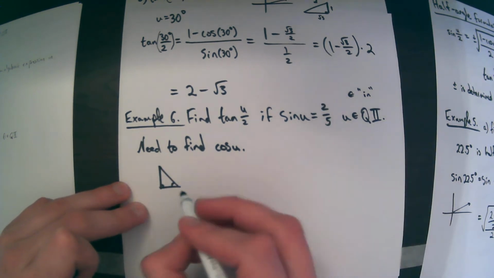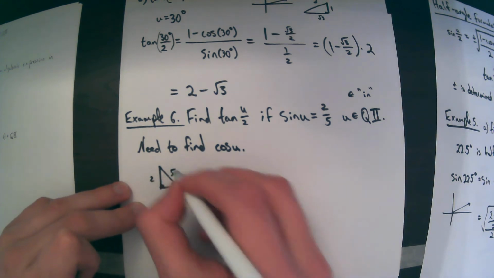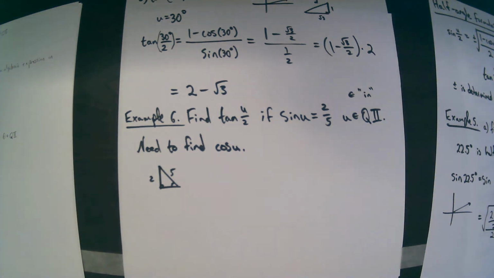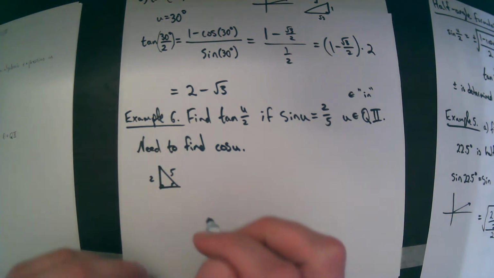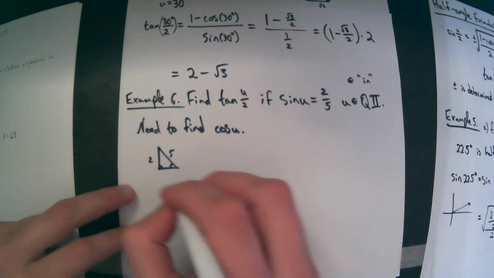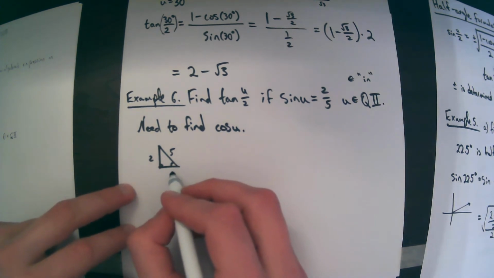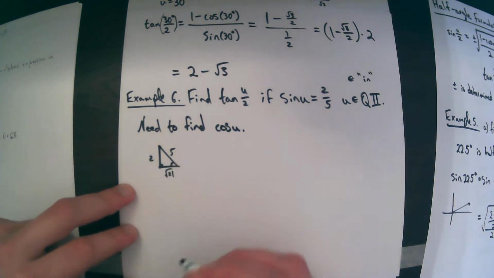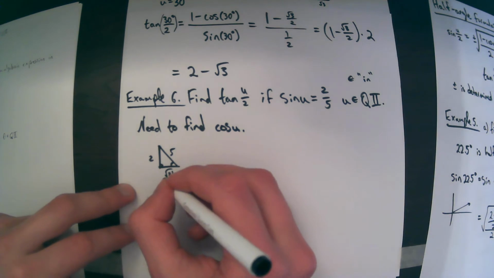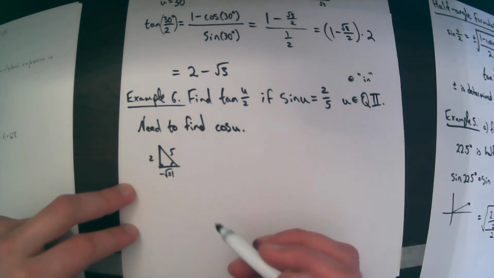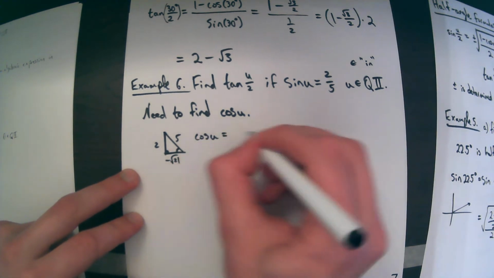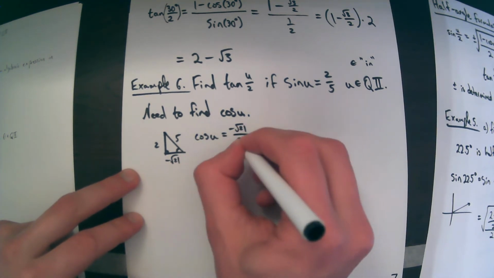If sine of u is 2/5, that means the opposite is 2, and the hypotenuse is 5. Okay, and my missing side will be, let's see, what would it be? Square root of 21, just by Pythagorean theorem. And it's negative, because we're in quadrant 2. So cosine of u is equal to negative square root of 21 over 5.